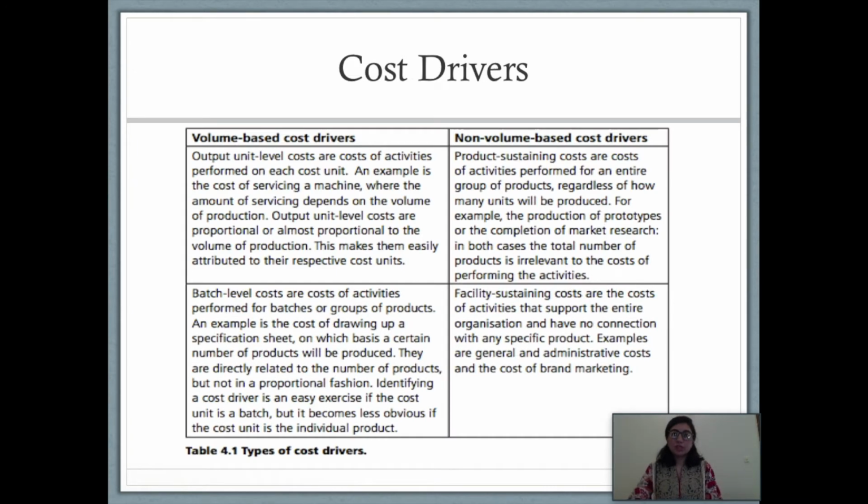Cost drivers are what drive the overheads, right? So now we're going to use cost and overheads interchangeably. What drives the cost? What is the basis that leads to the incurring of the cost is called a cost driver.